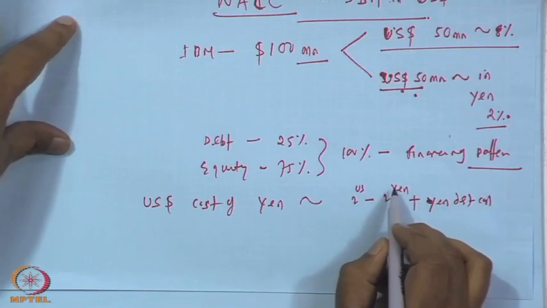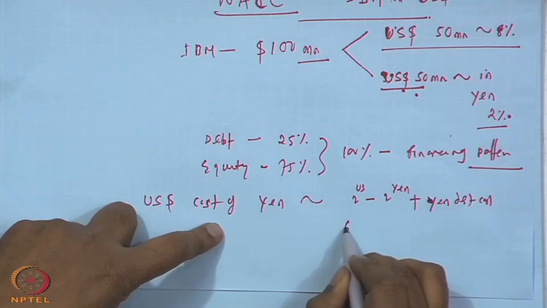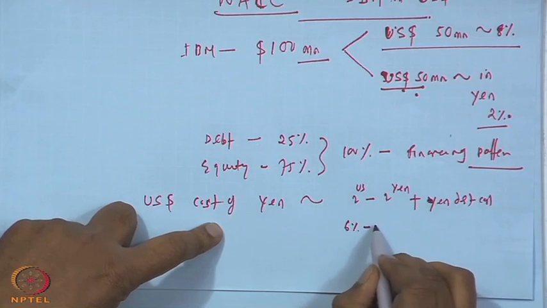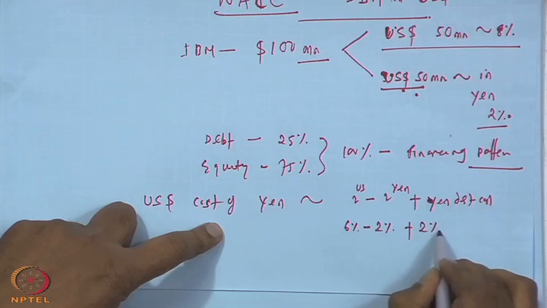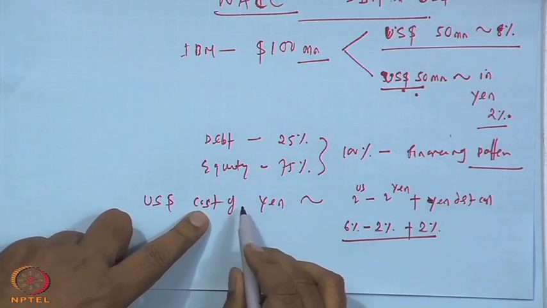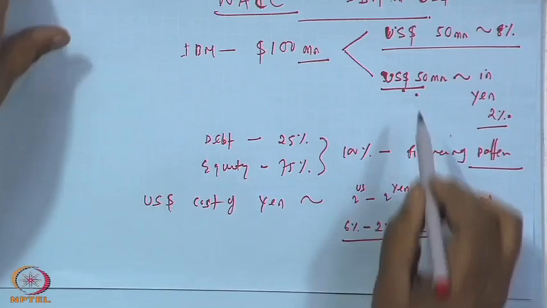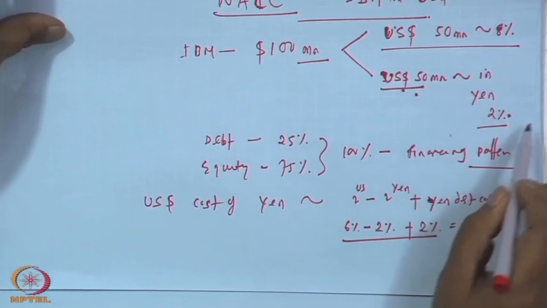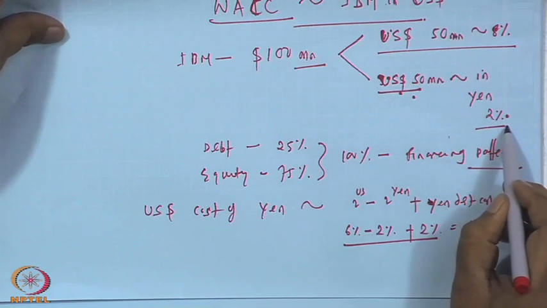That will be the cost of the yen debt in US dollar. So, the interest rate parity difference is 2% and the yen debt is 2%, so the cost of yen debt in US dollar will be 4%. So, here you have 8% on 50 million and 4% on 50 million.